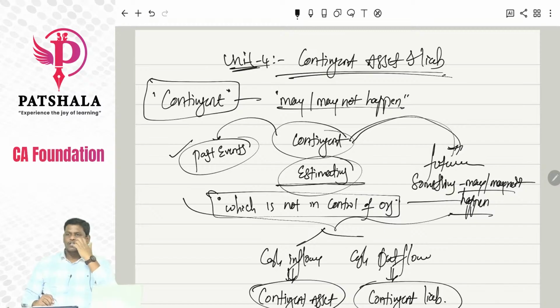Say for example, we made a prediction that tomorrow there will be rain. Will rain happen or not? May or may not. If it has not happened, can you bring the rain? Do you have any control? That is called contingent. Clear?